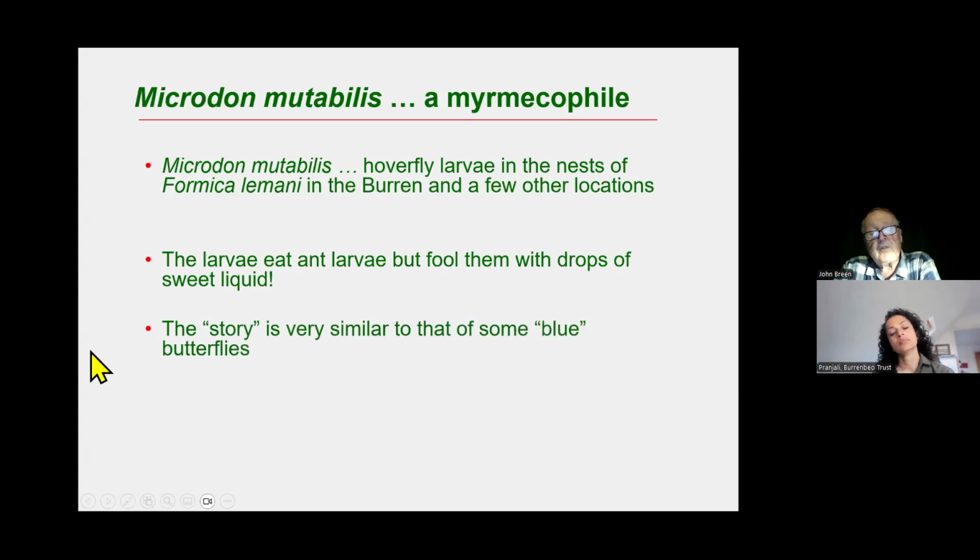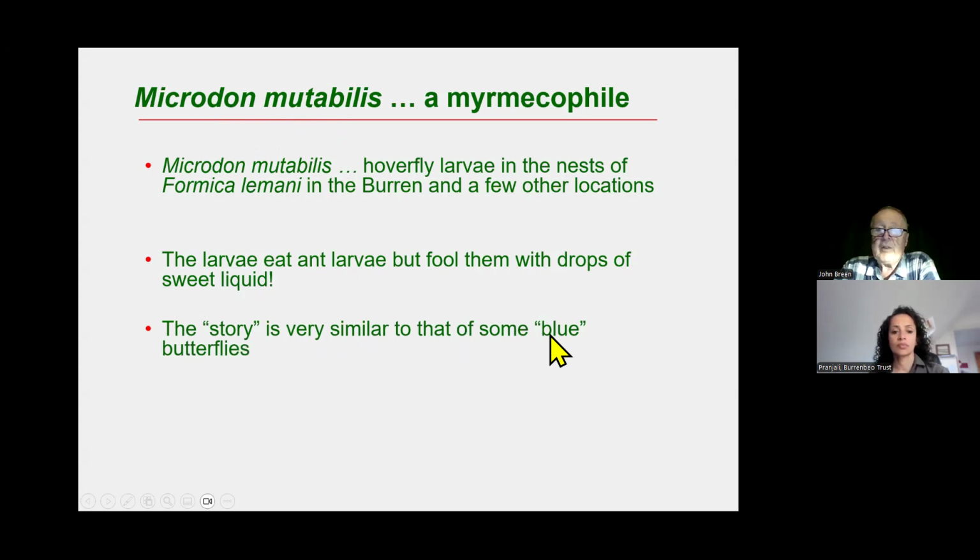And interestingly, the story is somewhat very similar. The two people involved in the project on Microdon had come to it because they were the people, Jeremy Thomas and Graham Ellams in England, who had brought the large blue butterfly back to England, and it's now doing quite well. And they wanted to look at the biology of a similar organism. And the similar organism was Microdon.